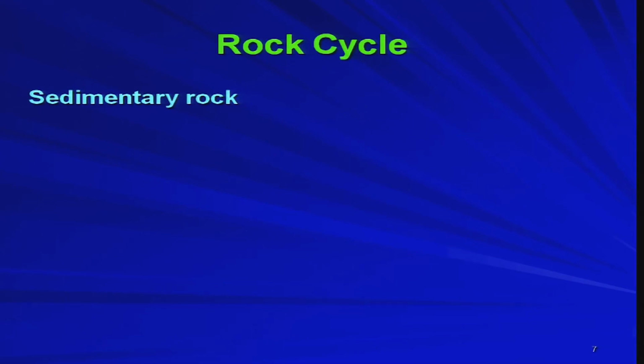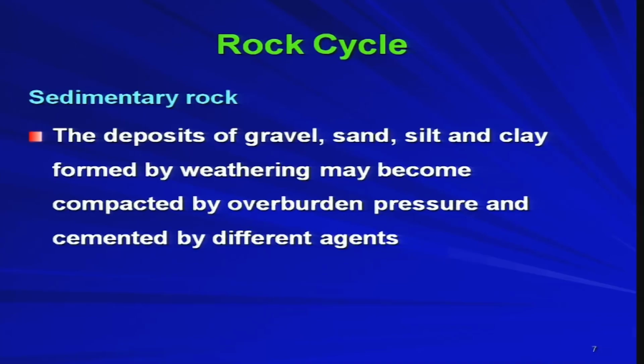Now, coming to the sedimentary rock, what are the different types of rock which come under the classification of sedimentary rock, as well as how do you know this is your sedimentary rock. The deposits of gravel, sand, silt and clay formed by weathering may become compacted by overburden pressure and cemented by different agents.